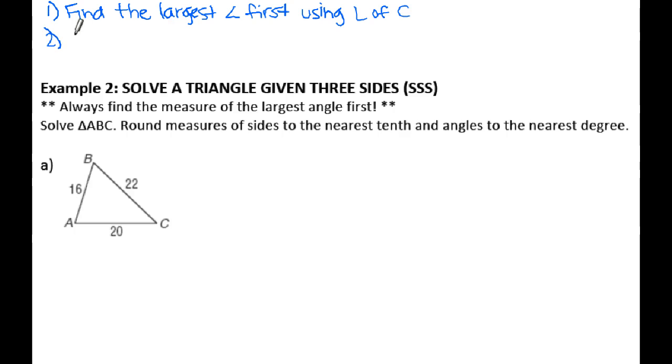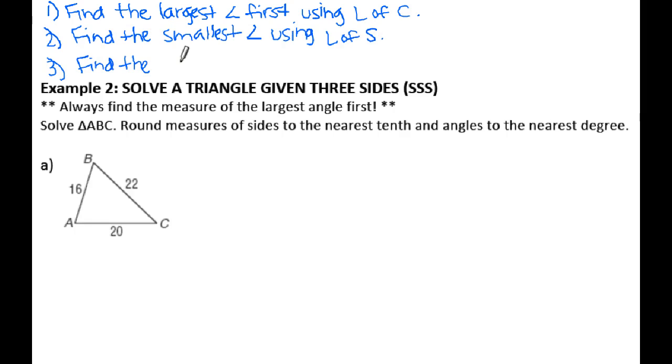Step number 2 is to find the smallest angle, once again using the law of sines. And then finally, our third step is to find the last angle, since we'll know these two, we can find the last one pretty easily.